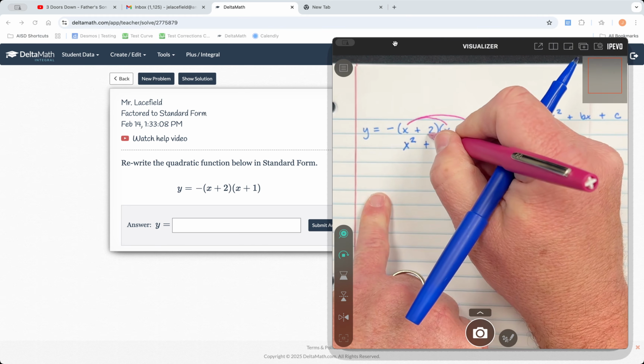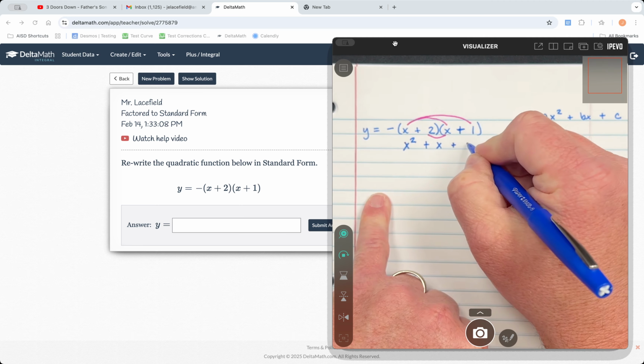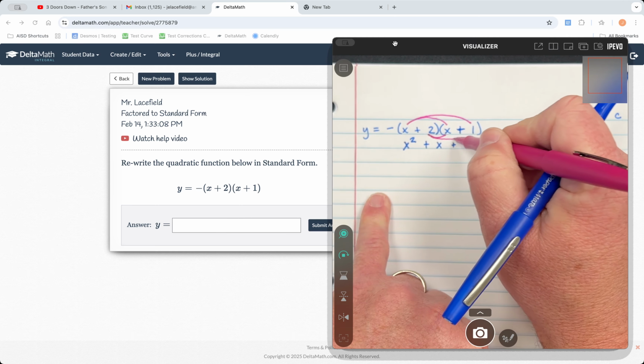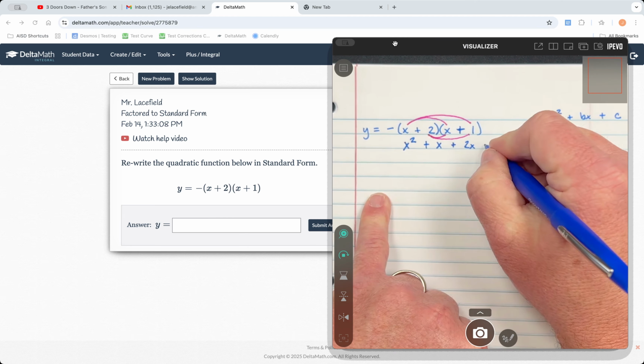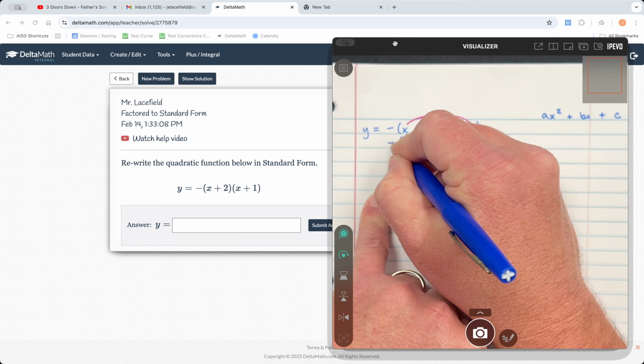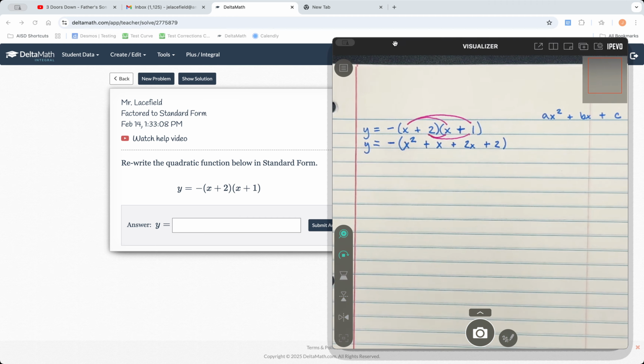And then 2 times x, so it'll be plus 2x. And then finally 2 times 1, that'd be plus 2. Now all of this is still going to be within parentheses. We still have a negative on the outside. We will distribute that negative in the very end.